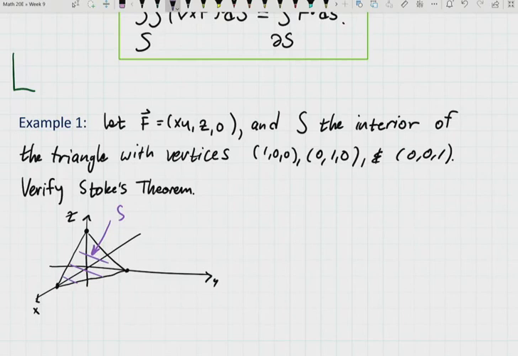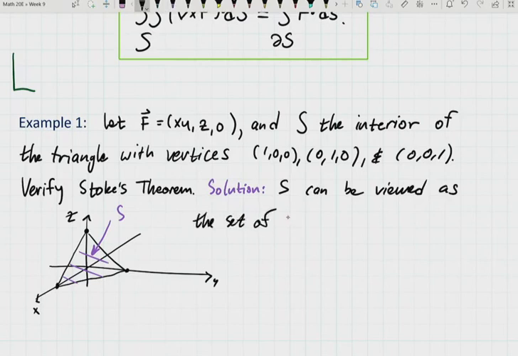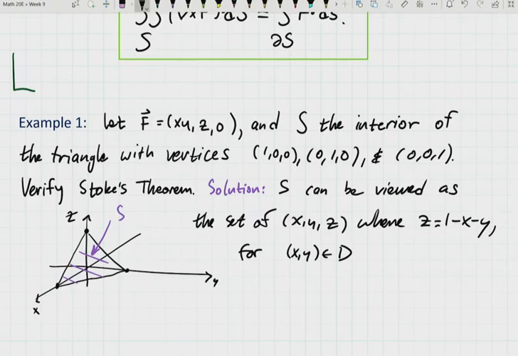S can be viewed as the set of (x, y, z), where z is a function of x and y. z is 1 minus x minus y on that plane, for (x, y) in D, where let me show you what D is.